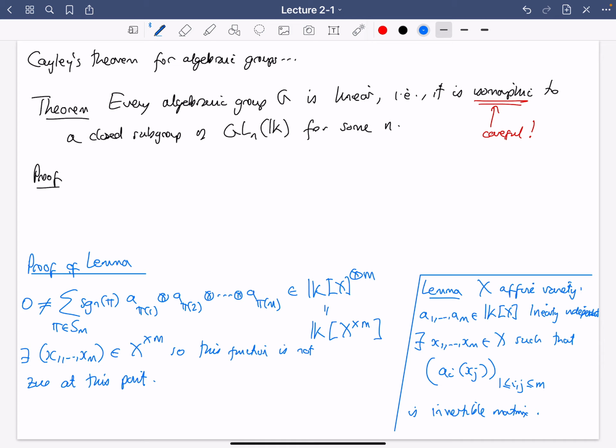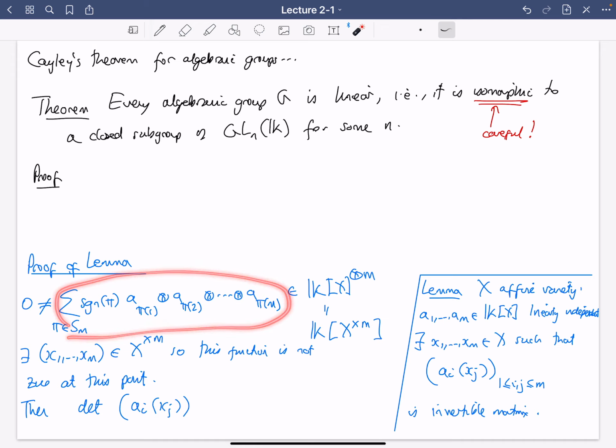So being a non-zero function means that there's a point on which it's not zero, and then when you evaluate, this gives you exactly the determinant. So when you evaluate this function on this point, it's not zero. That evaluation is exactly that determinant. So the determinant of that matrix is non-zero, so it's an invertible matrix.